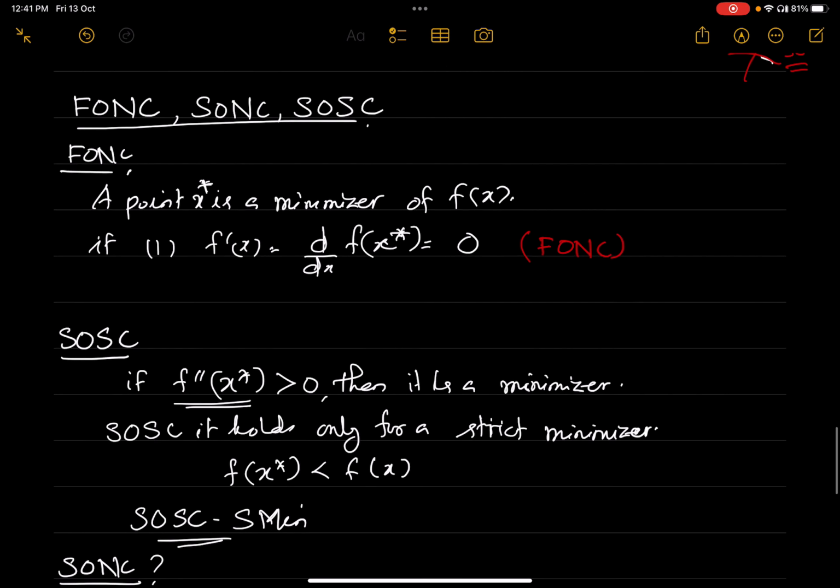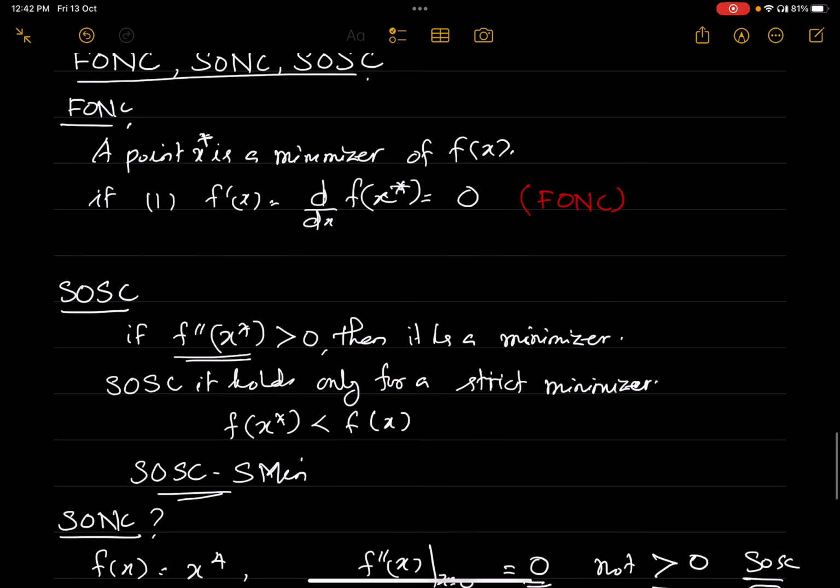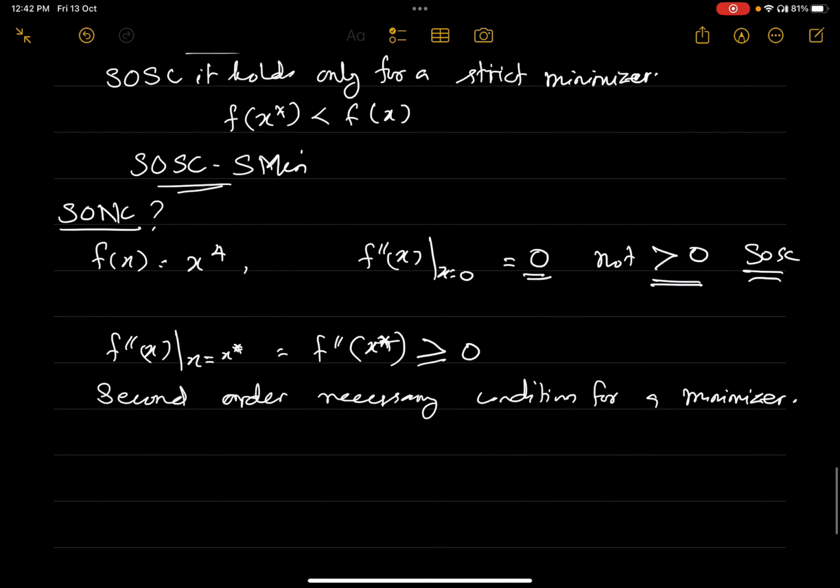Okay, so these are the necessary and sufficient conditions when it comes to a minimizer in a single variable. Further, we have the proofs of all these concepts, which I'm skipping at this point. In the next class we will try to extend this idea to higher dimensional functions, which are real valued functions but take vectors as inputs.